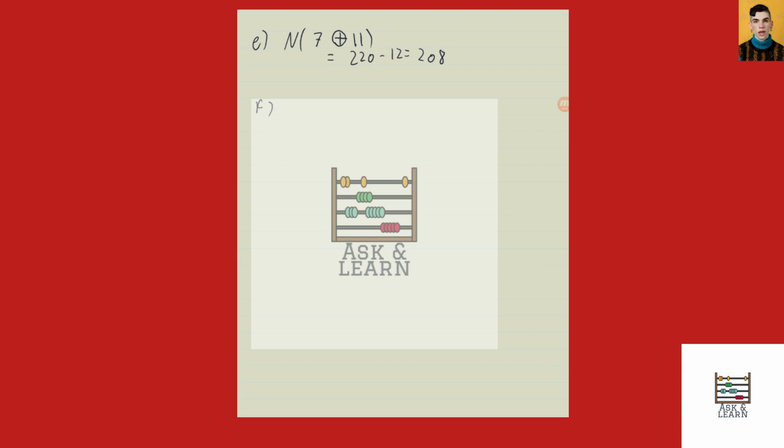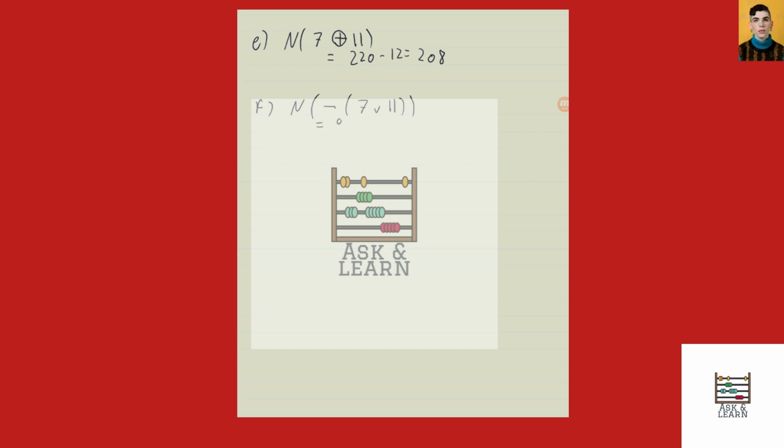For F, we want to find the number divisible by the negation of 7 or 11. So we want the ones that are not divisible by 7 or 11.